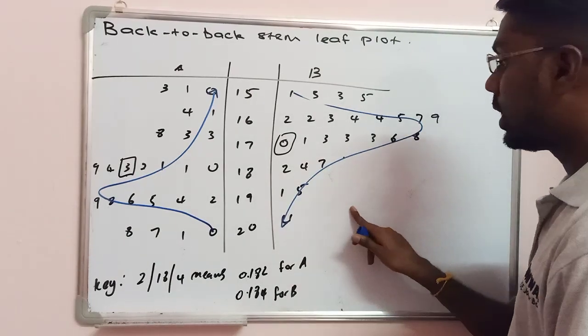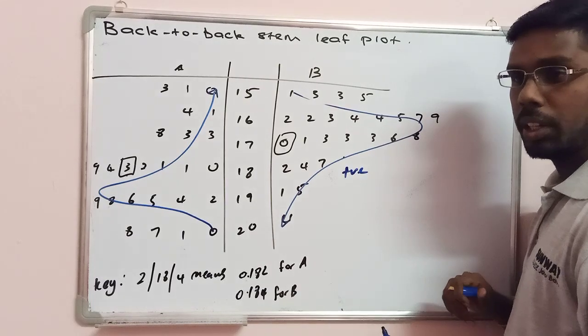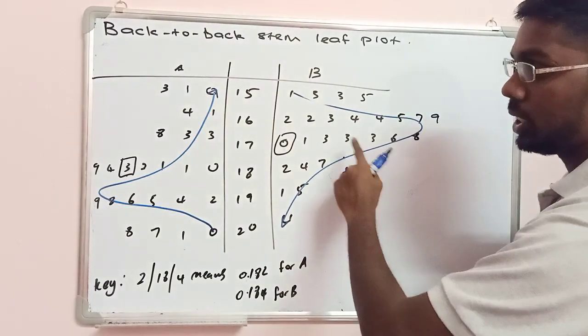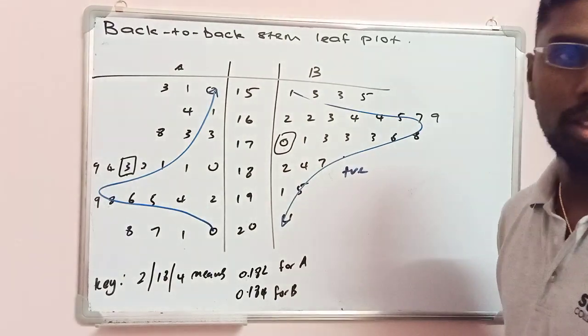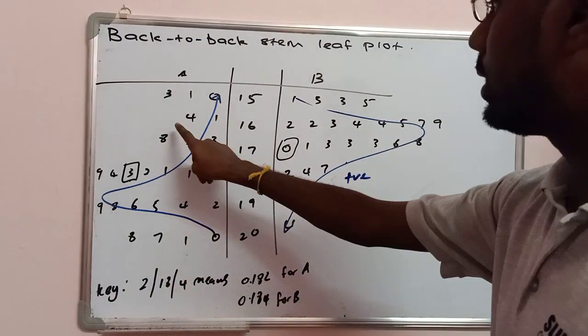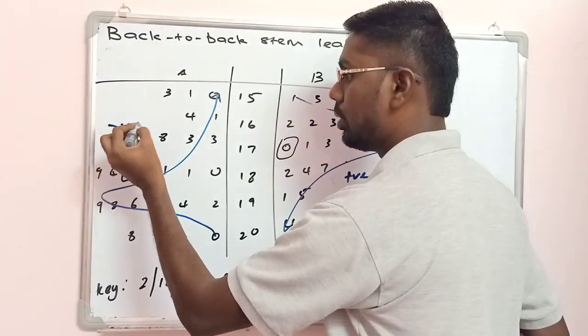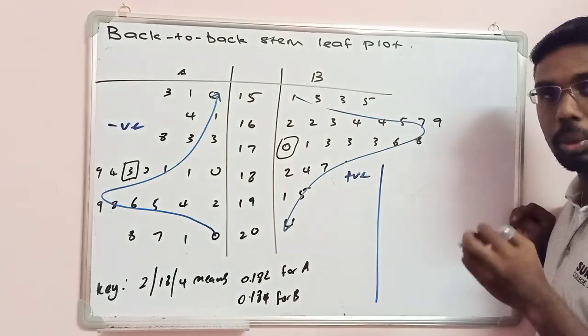Okay, so for this it's going to be positively skewed. Okay, how about this? So it's going to be negatively skewed.